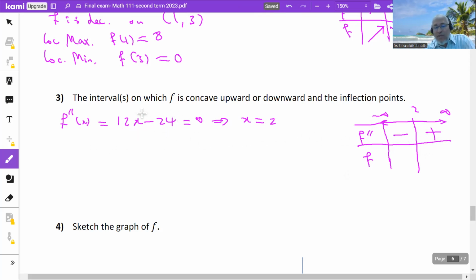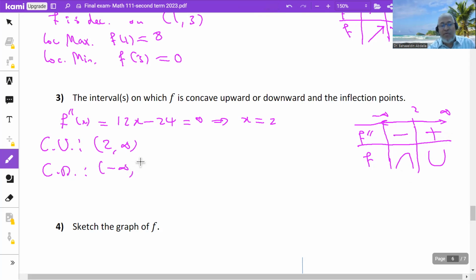For a linear function, to the right of the zero, the sign is equal to the sign of the coefficient of x. Here it's 12, so the sign to the right of 2 is positive, and to the left of 2 is negative. Here the function is concave down, here it is concave up. So concave up in the interval from 2 to infinity, and concave down in the interval from negative infinity to 2.